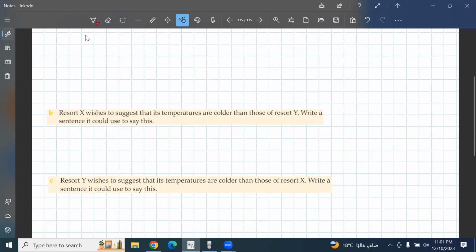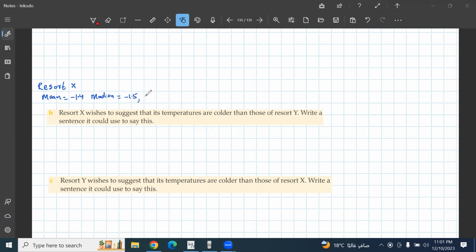Okay, so firstly I write the answers of resort X so that it will help you. For resort X, we found the mean is equal to negative 1.4. We found the median, that was negative 1.5, the mode was 4, and lastly the range.